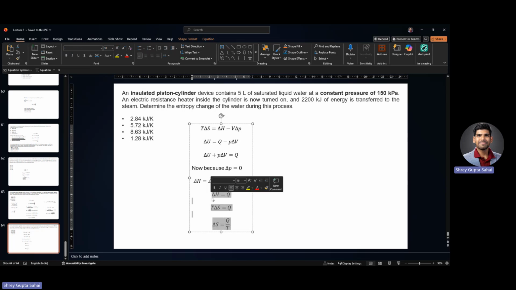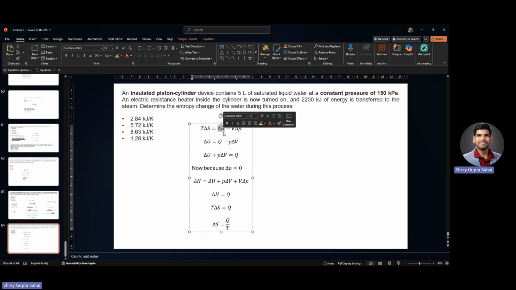If you provide more heat and this process goes to supersaturated conditions, then you can't apply this. The issue is that we don't know that T remains constant.